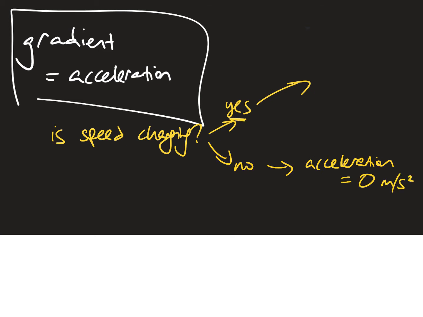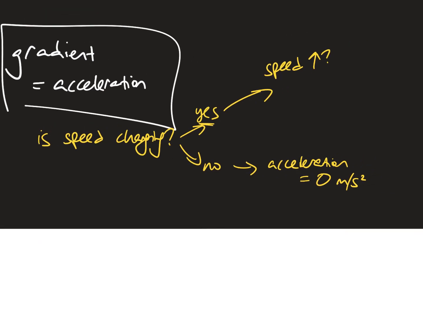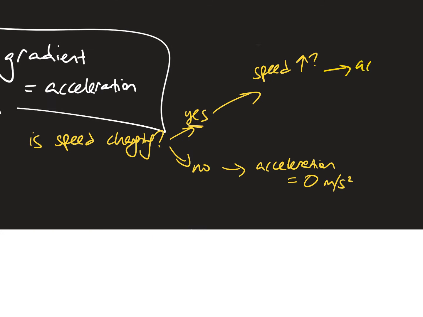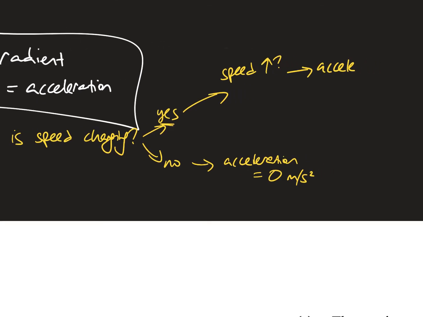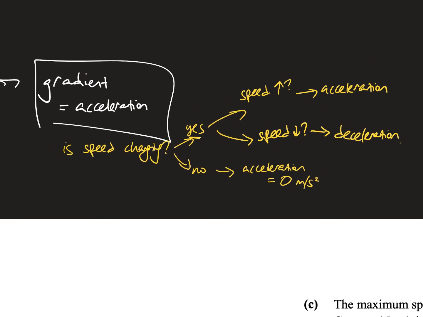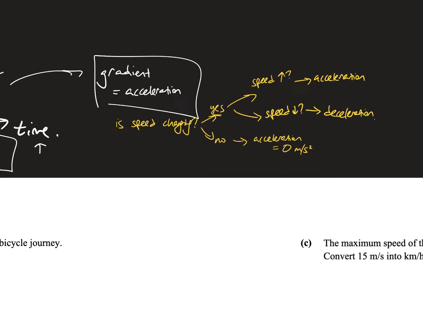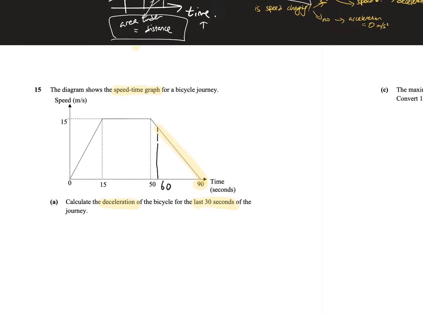If speed is changing, there must be some kind of acceleration, and then you ask, is speed increasing? If it is, then in simple terms you can say it is accelerating. And is speed decreasing? If speed is decreasing, then in this case you call it deceleration. Of course you can go into even more technical terms, but for simply O-level math, usually this will work.